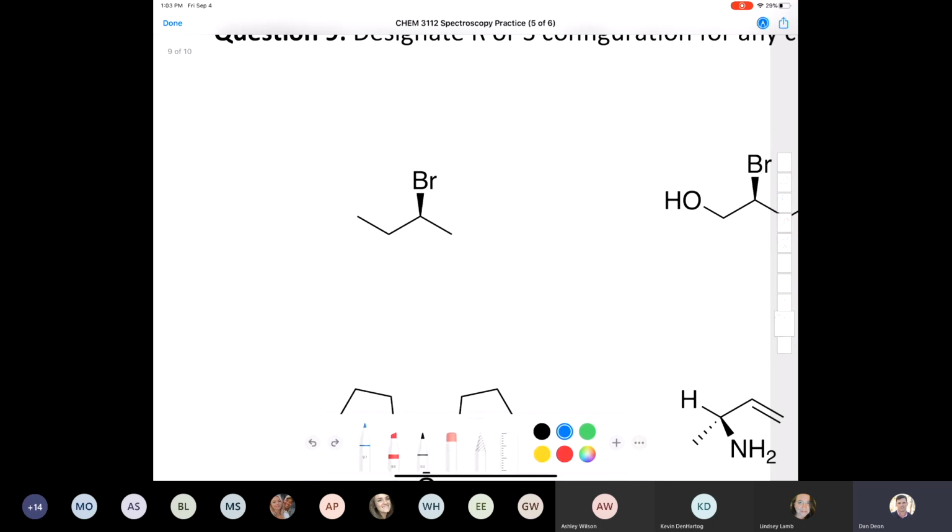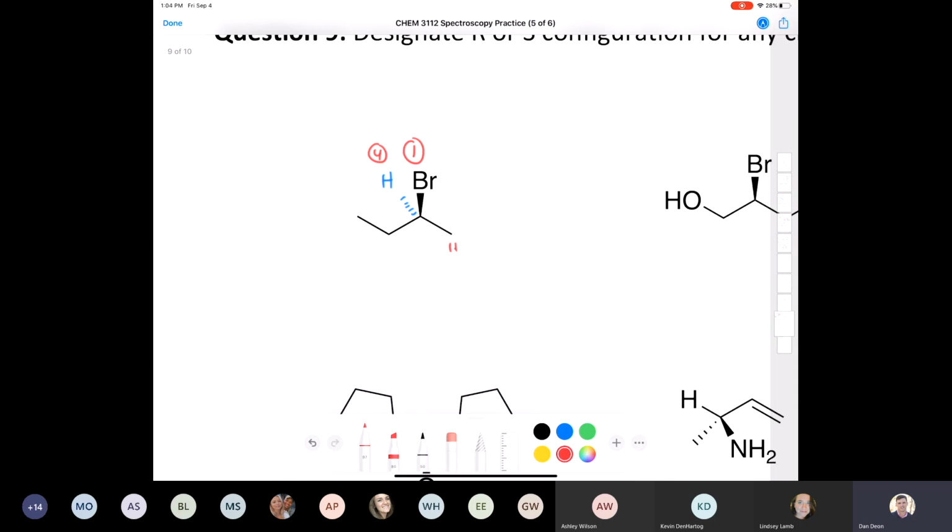Remember the Cahn-Ingold-Prelog rules. We're interested in this carbon, which is the stereocenter. We have a hydrogen in back here. Now, if we analyze the groups, bromine certainly has the highest atomic number. The hydrogen is going to have the lowest atomic number. Then if I compare straight carbon chains, the longer the chain is always going to have a higher priority, right? Because this carbon is attached to what?